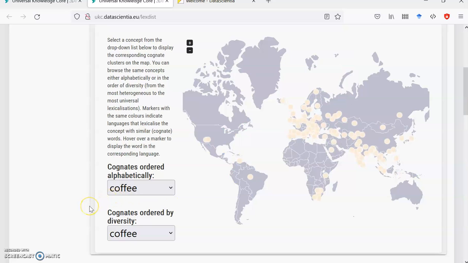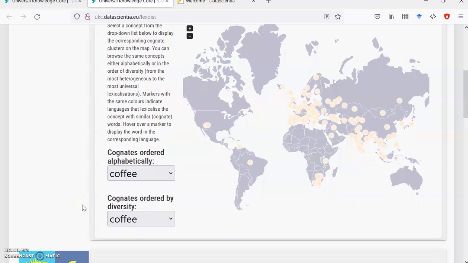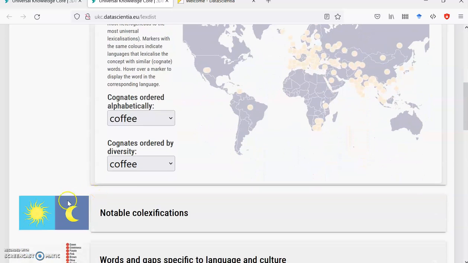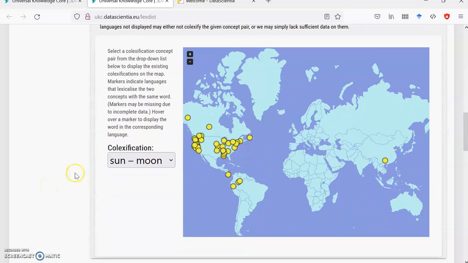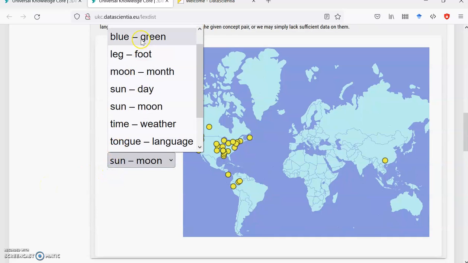The 8 million cognate relationships in the database constitute an additional sense-level interlingual layer beyond concept-level equivalents usually provided by lexical databases. There's a tool that lets you explore some remarkable co-lexifications, showing languages that, for example, use the same word for the sun and the moon, or the same word for blue and green.